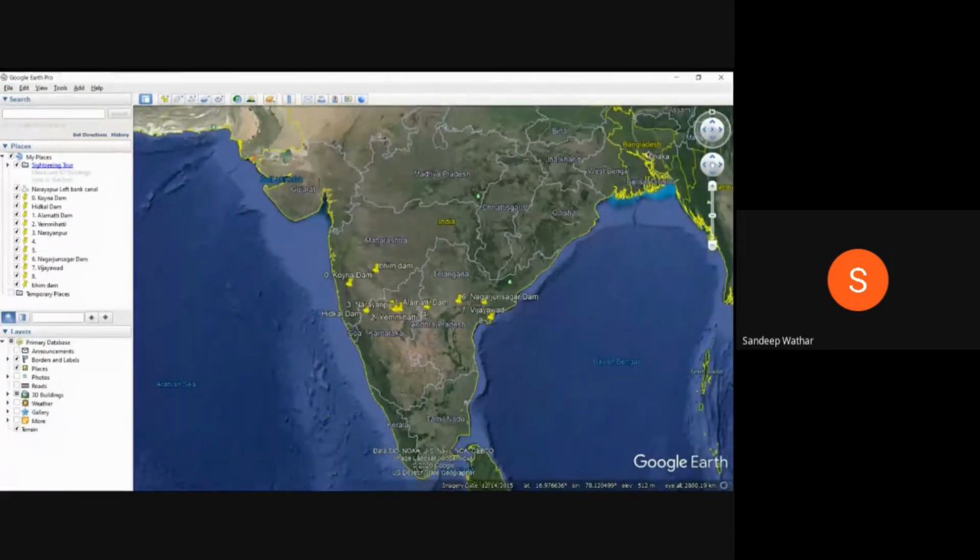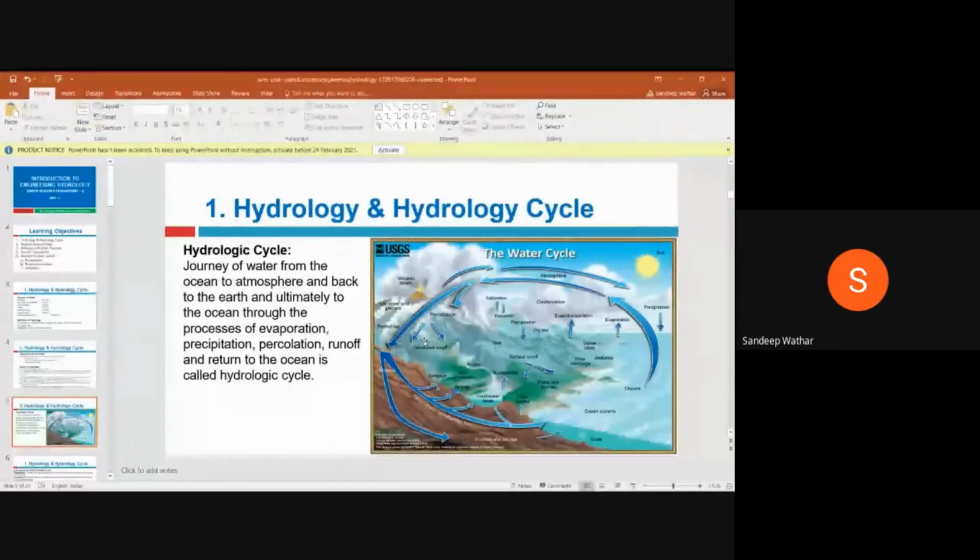So now, the aim of a civil engineer is to stop the flow of water as much as possible. The ambition of a civil engineer is to pond the water that is flowing as much as possible so that he can utilize the water for the rest of the time. For example, in one year, only 3 or 4 months of rainfall happens, and it is not evenly distributed also.